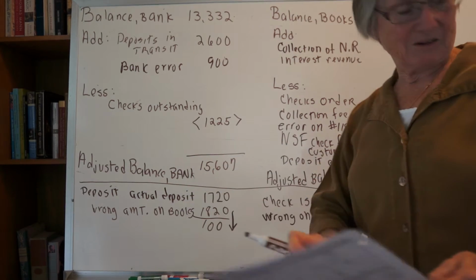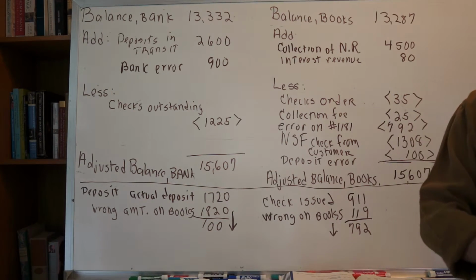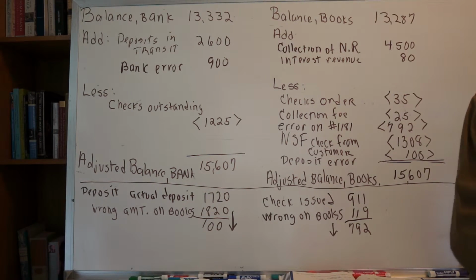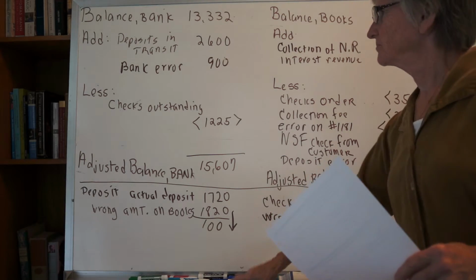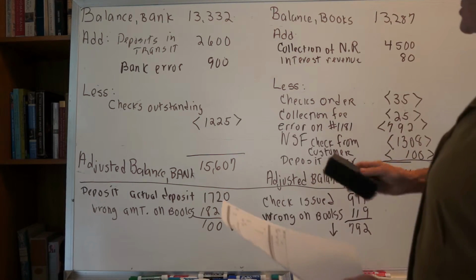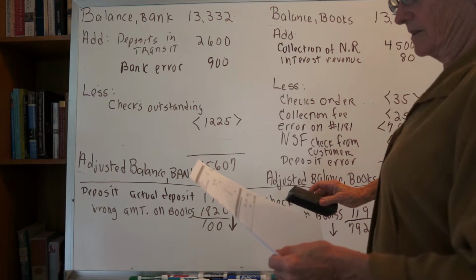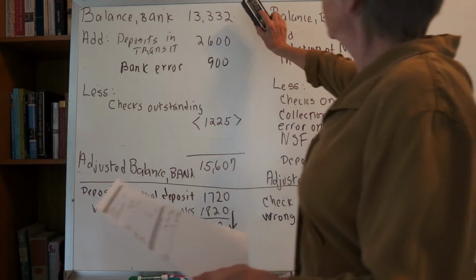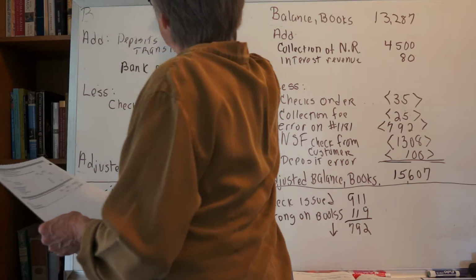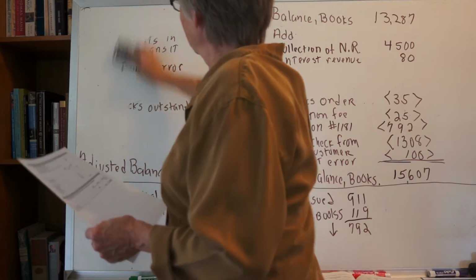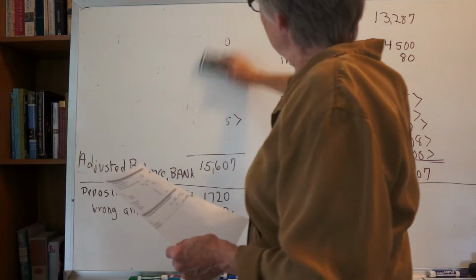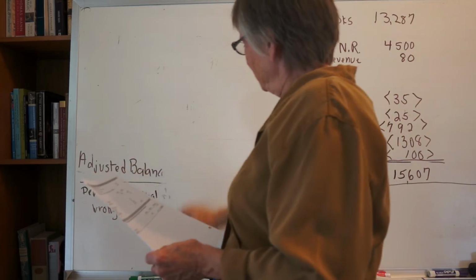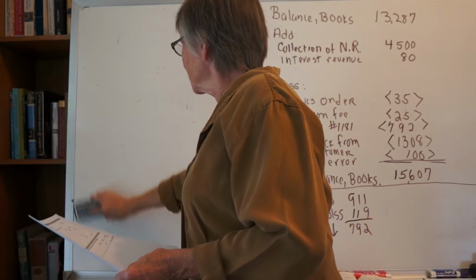Okay, but obviously we're not done yet. We have to make the adjusting journal entries. So you can refer to this. You're going to refer to this on the printout that you have, and I'll just quickly erase all of this, and we'll do the adjusting journal entries.